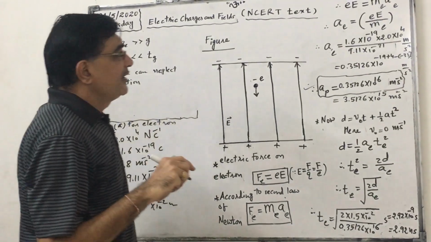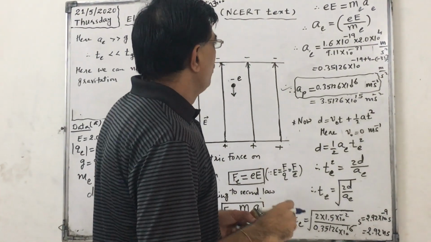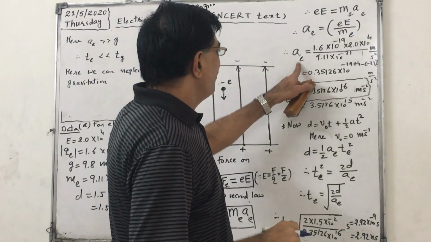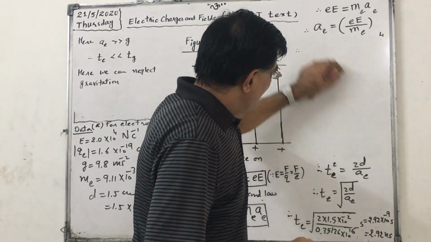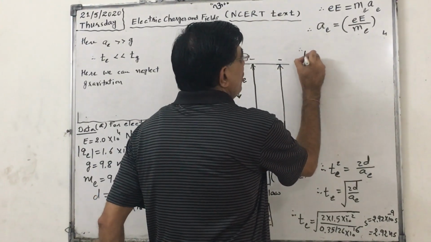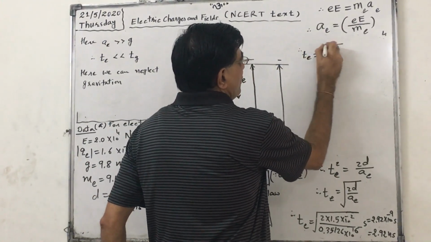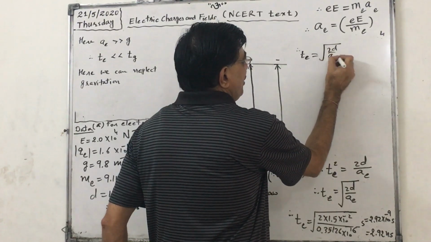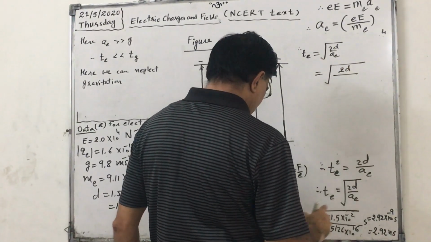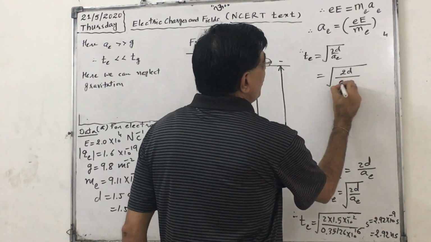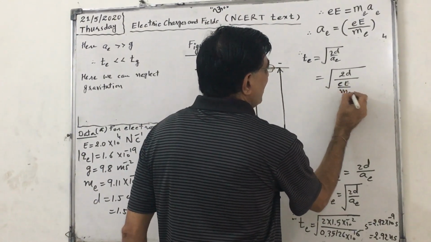Now, if you do not want to find the value of a_e, then also we can write like this. See, t_e equals square root of 2d upon a_e, where a_e is eE upon m_e.